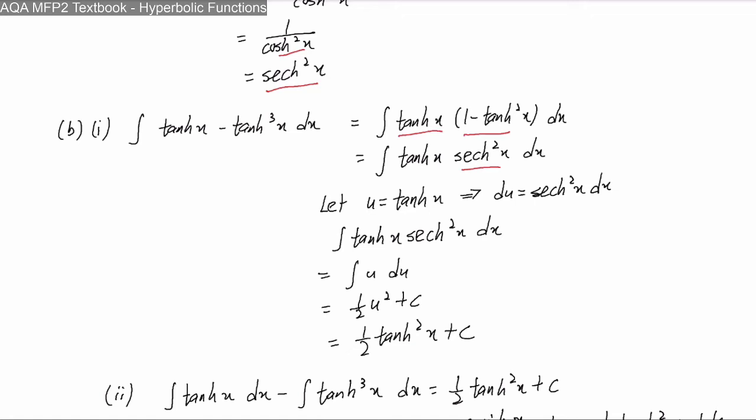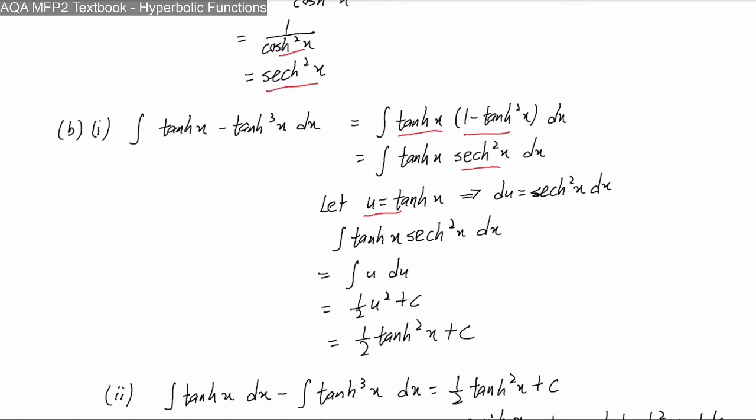So what happens is that we can use the substitution u is equal to tan x. Why do we know we need to use substitution? Usually, when we need to use substitution, the integral will appear as a product, where if we differentiate one of the terms, we will actually get another term.